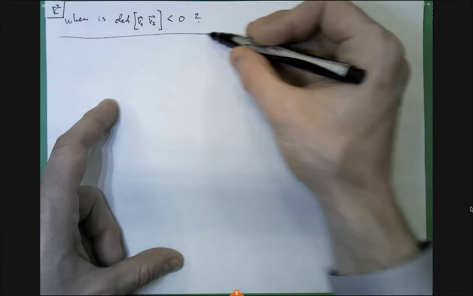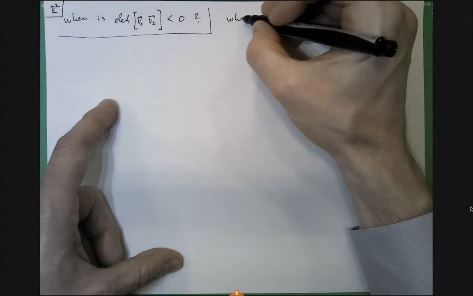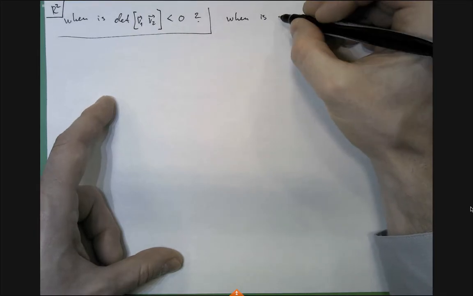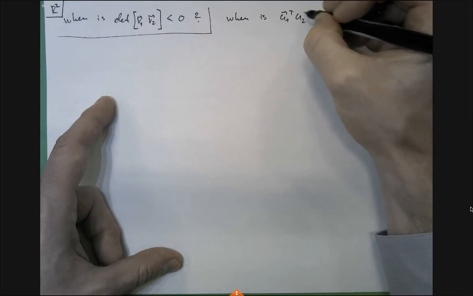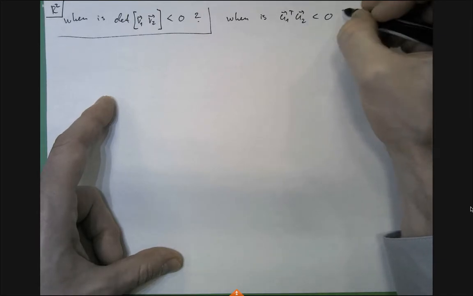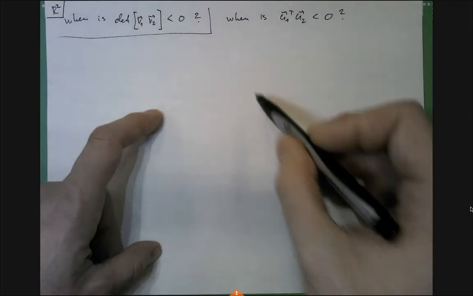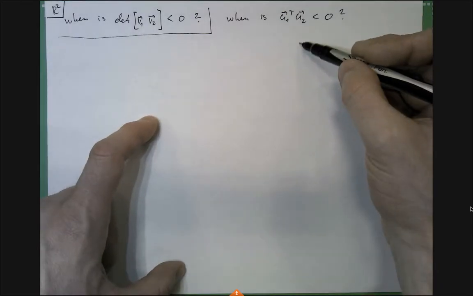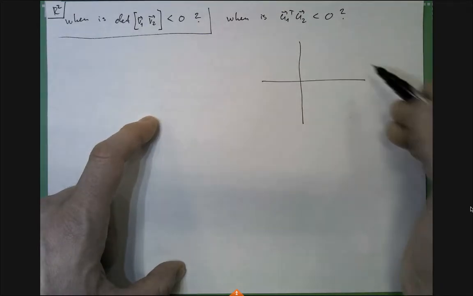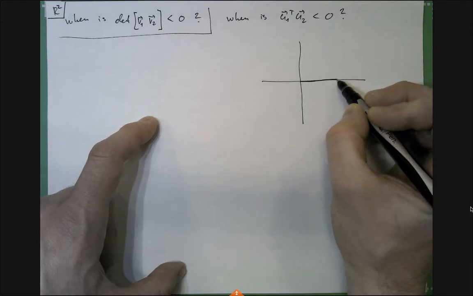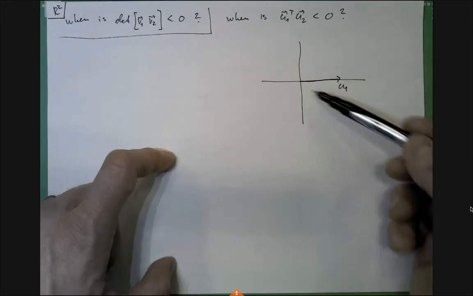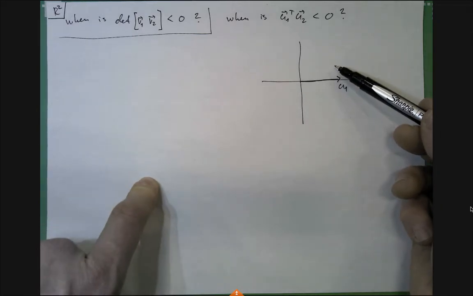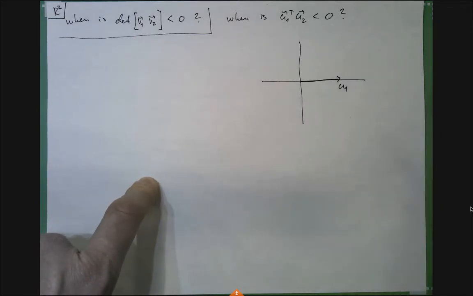So before we answer this question, let's take a look at when the dot product of 2 vectors, let's call them u1 and u2, is negative. Let me try to draw it. Let's imagine that I can put the u1 here to make it easier. So this is my u1. For what u2 vectors will I get a negative dot product?